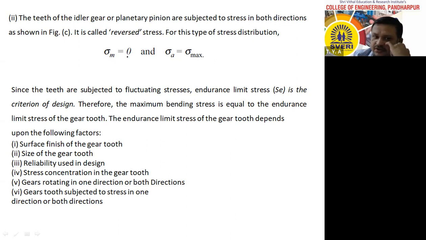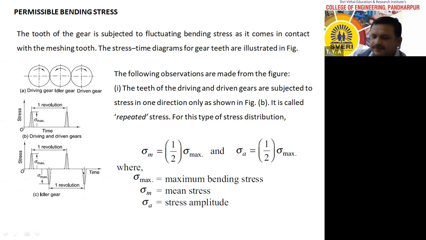Why is sigma mean equal to 0? Can you tell me? Because these are reversed stresses. The same value, suppose 100 Newton per mm square, acts on the positive side. The same value of stress repeats on the downward side, that is minus 100 Newton per mm square.